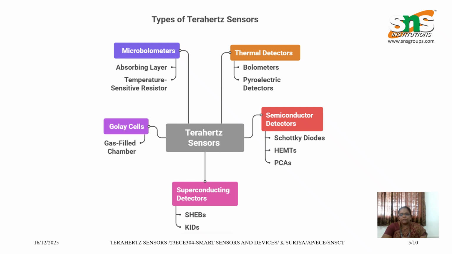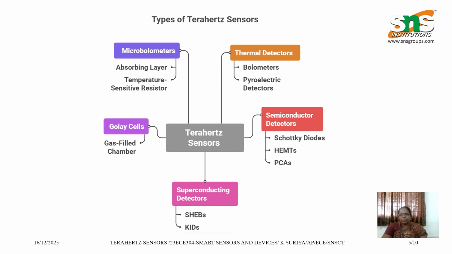The next type is Golay cells, a pneumatic detector that measures the pressure change in a gas-filled chamber due to the absorption of terahertz radiation. They are broadband and relatively sensitive, but can be slow.